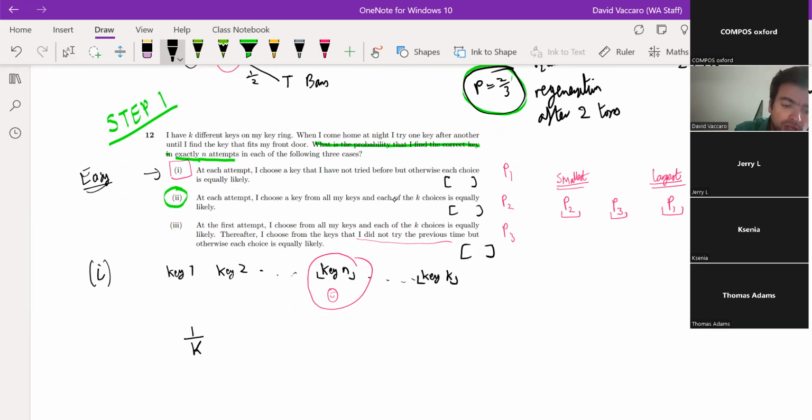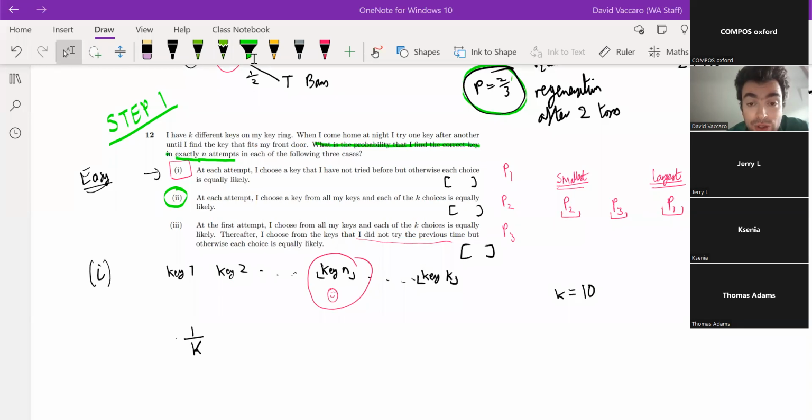If you're writing this in an exam, what else should you write? Let's imagine that k is equal to 10. So you've got 10 keys. What's the maximum number of times you're going to have to try before you open the door? 10.